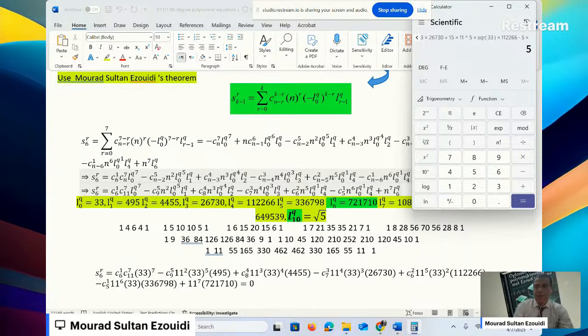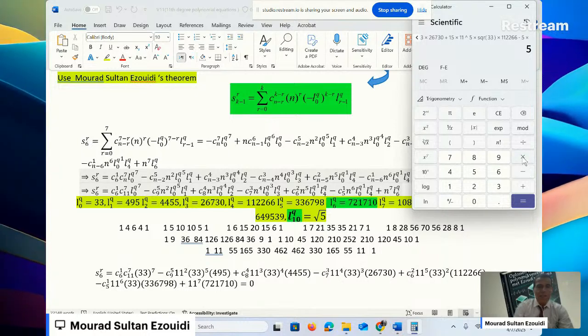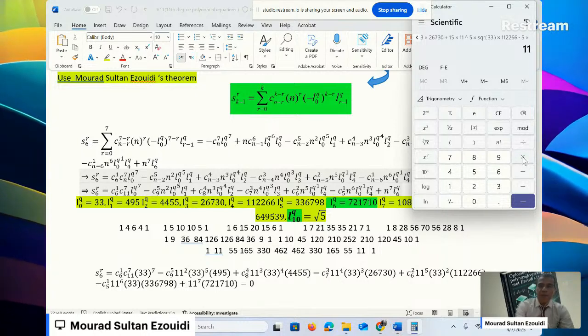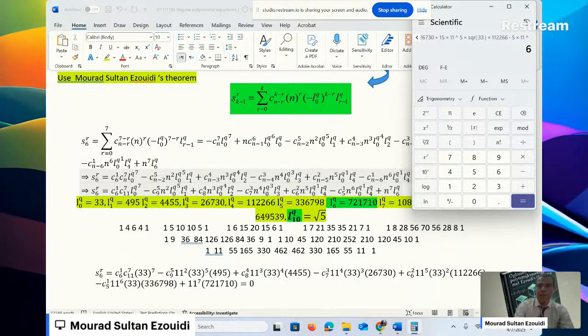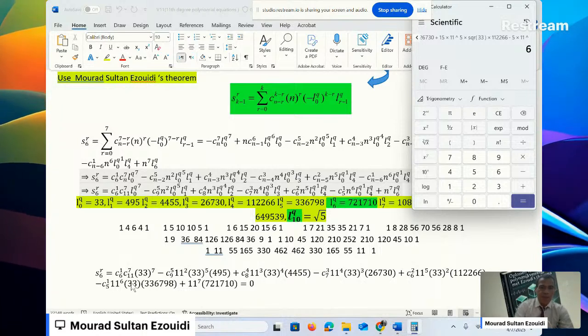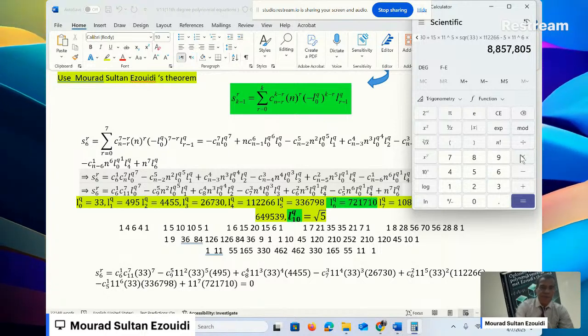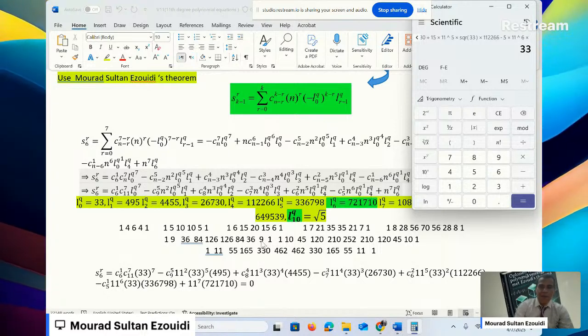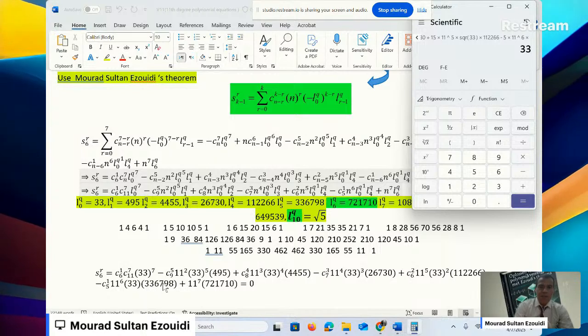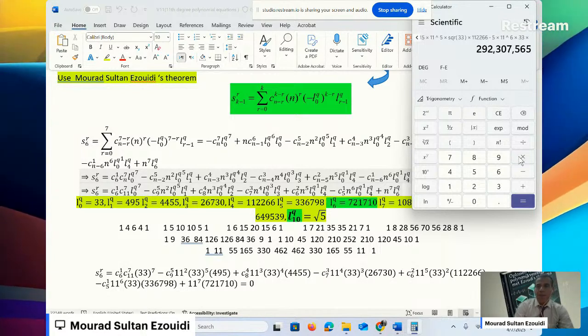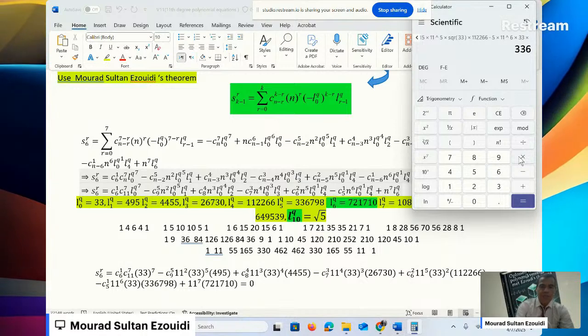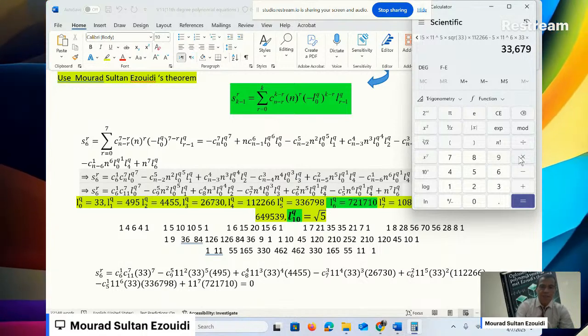Multiply, minus 5, multiply by 11 raised to the power 6, multiply by 33 raised to the power 1, means multiply by 33, multiply by, let's say, 336,798.